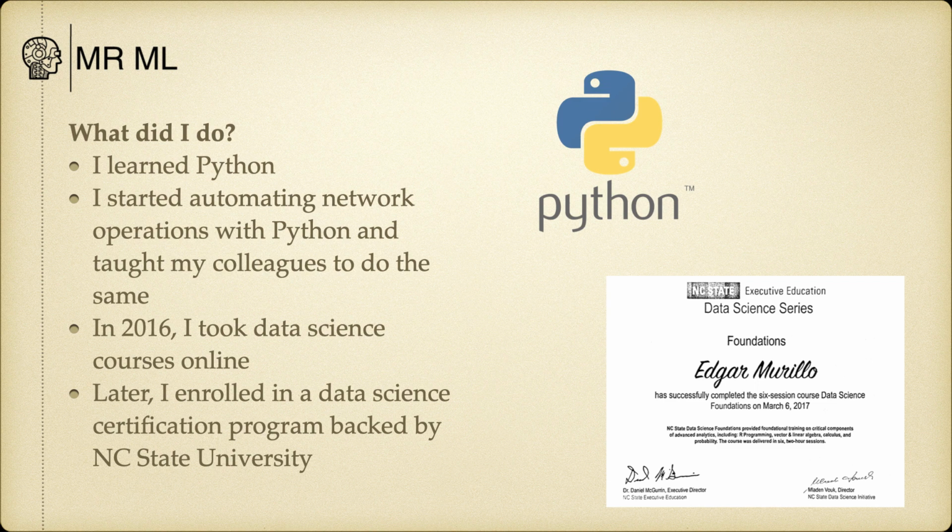Soon after that, Cisco started a program with North Carolina State University, a data science certification, similar to this one, actually. Probably a bit longer. It took me about a year and a half to complete that certification. And like I said, after almost 2 years, I became a data science practitioner.